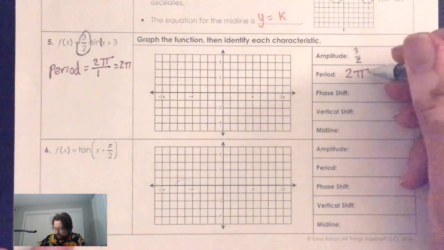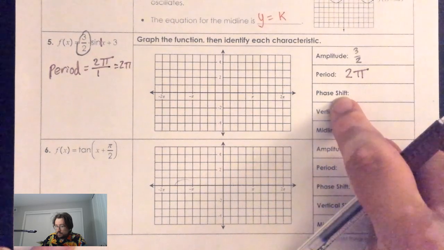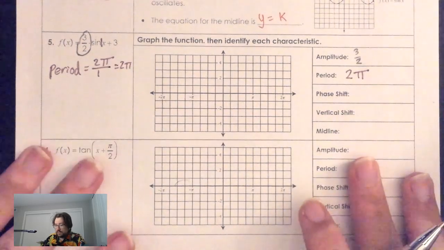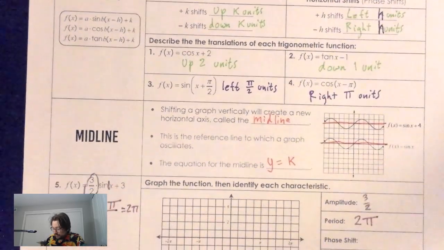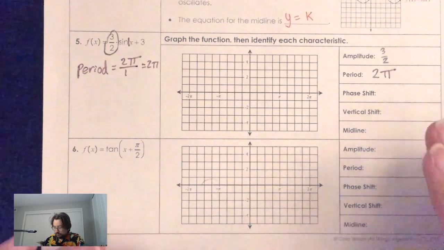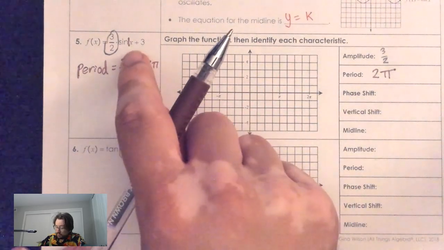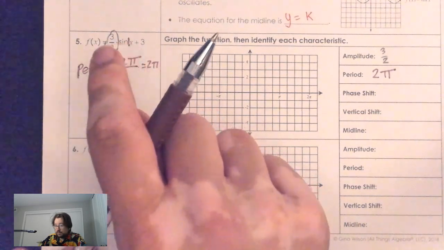Another word for a horizontal shift is a phase shift. That's also included in your earlier notes. Horizontal shifts are also called phase shifts. Since there is no shift happening on the inside here, there is no phase shift.